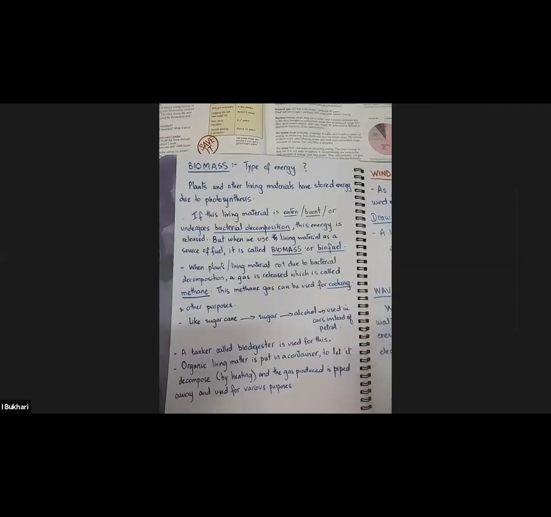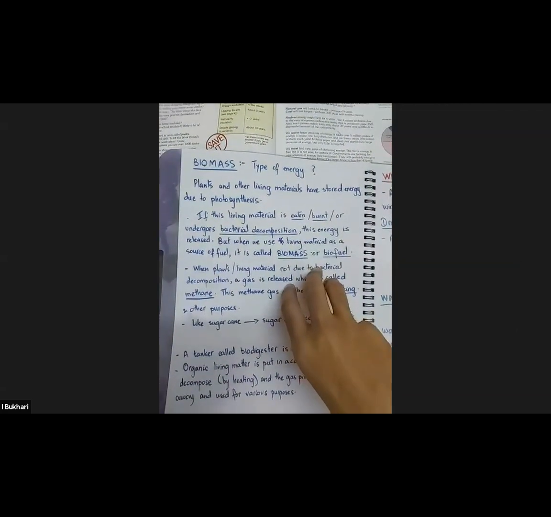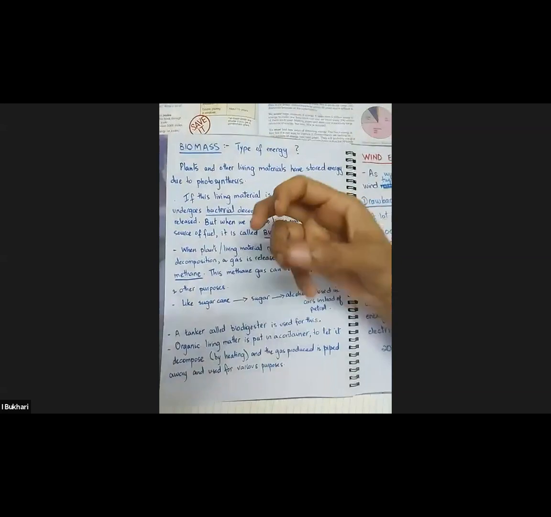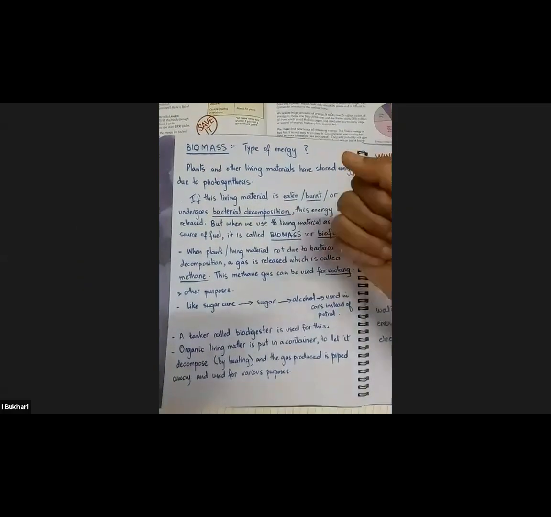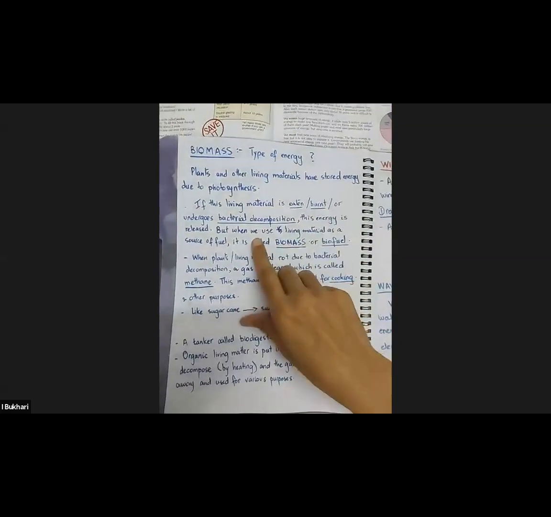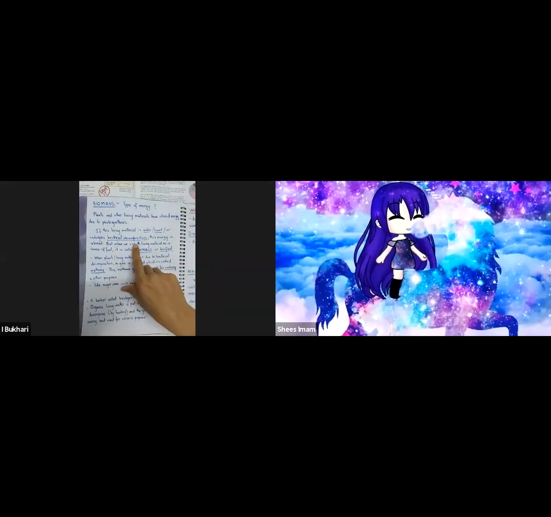How? By putting them in a container called a biodigester, in a warm place, so as to encourage the process of bacterial decomposition.